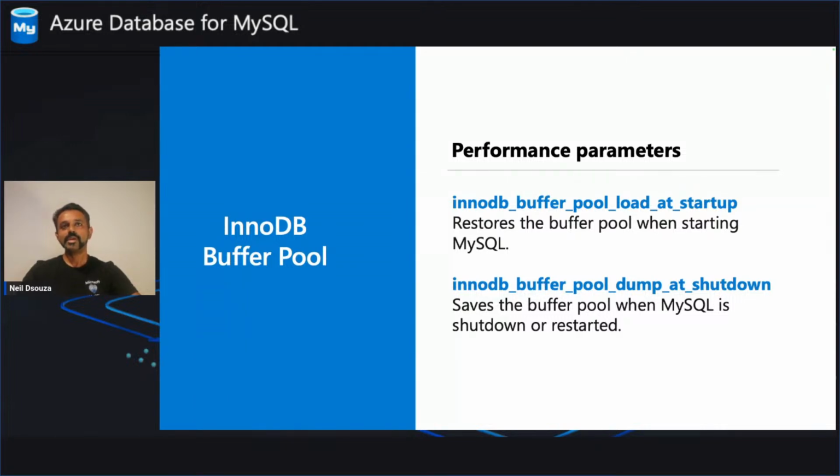This helps with read-heavy workloads, because when the server starts up, even your initial queries will be as performant as they are read from the cache directly. We'll show you the difference with these parameters set to on and off. That's the demo today. And we'll show you how to look at the metrics and track them, and a little bit of how you can monitor and troubleshoot these issues.